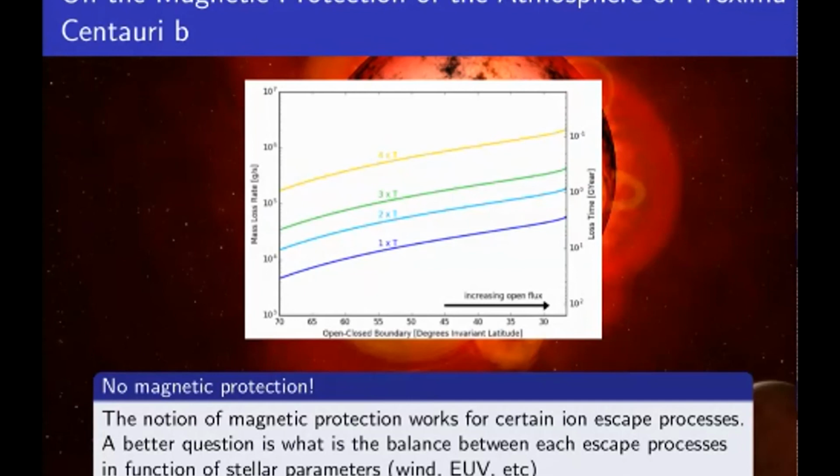fundamental differences, and it's really here that the magnetic field is very important, because with a flare we do not have an influence of the magnetic field, so the heating and the ionization will be on the part of the planet that is facing the sun. But when we start to have the stellar wind coming, so a CME, then it will be very different between a planet with or without a magnetic field.